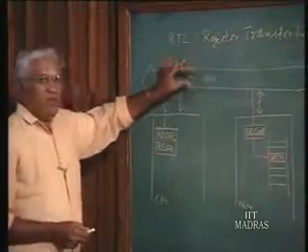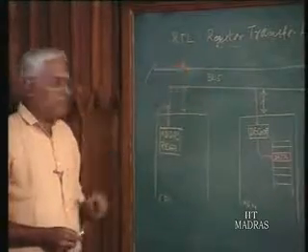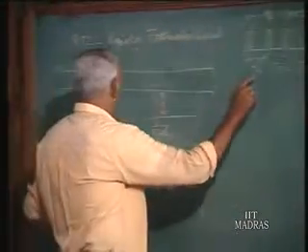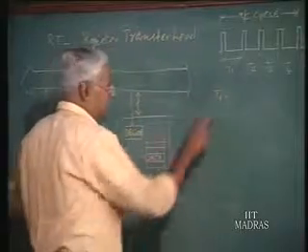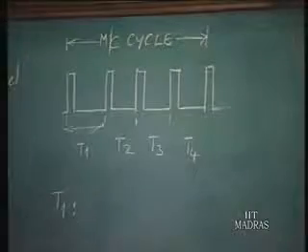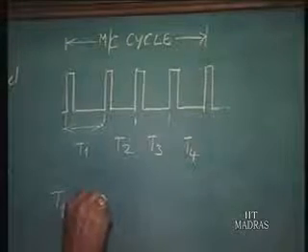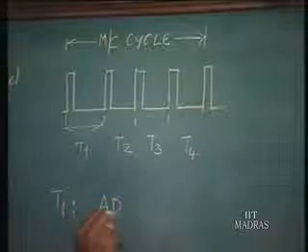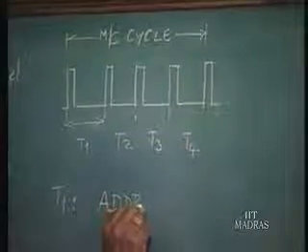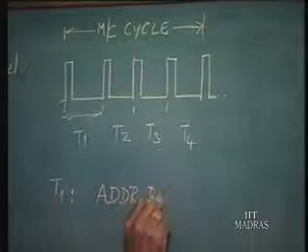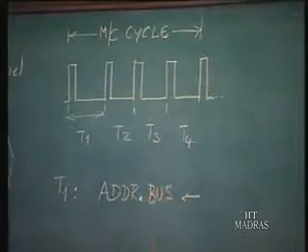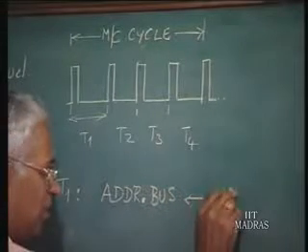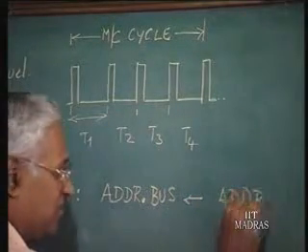Obviously, when we say bus, these are different parts of the bus. During T1, the CPU places the address on the bus. I will call that part of the bus the address part of the bus, just qualifying this, that part of the bus on which the CPU places the address.